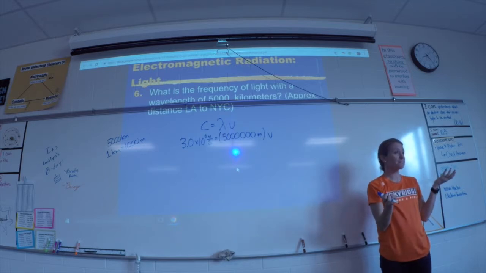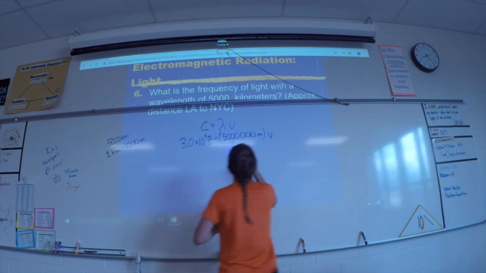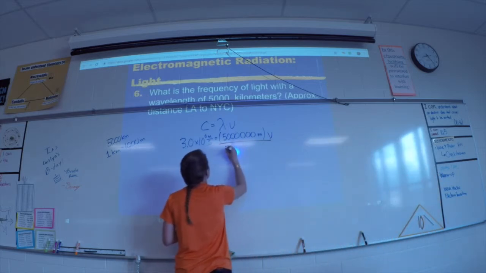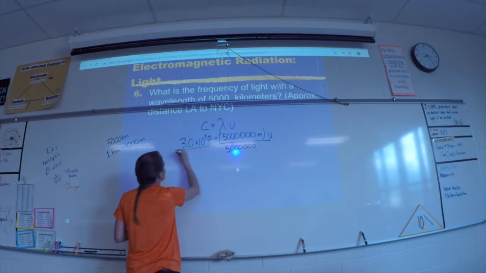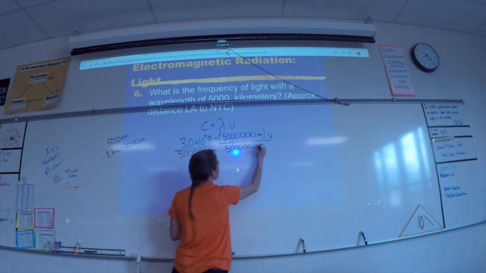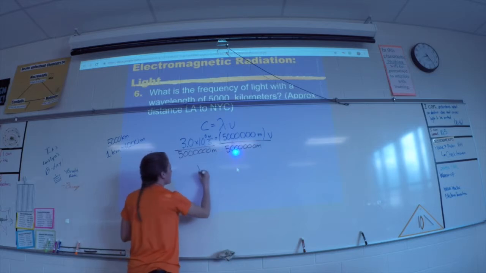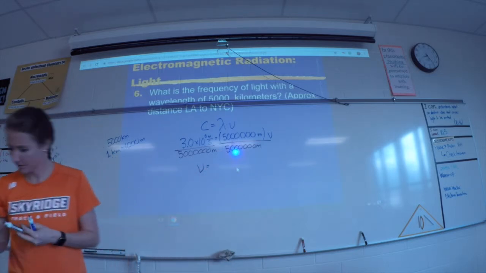Now, just like before, we solve for our unknown. So now we're just going to divide both sides, and we'll end up with frequency equaling, I forgot to write down this answer.